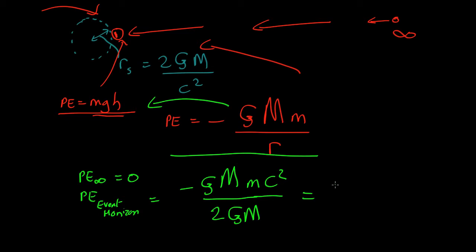So that is equal to, G's cancel, the mass of the black hole cancels, it's just minus mc squared over 2.